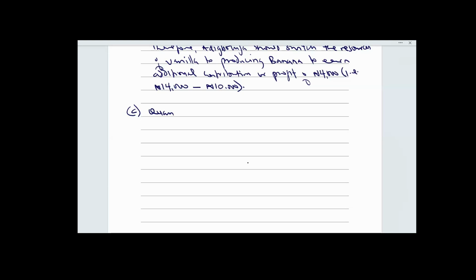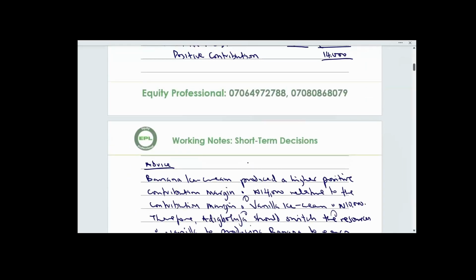So we have to state the quantifiable factors. I would then say quantifiable factors. Yes, Tosin, talk to me. Okay, so my own is confirmation actually. After the B part, we mentioned that we have an additional profit of 4,000.